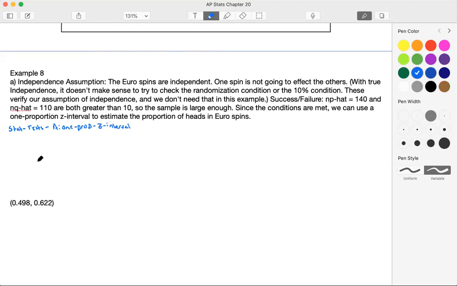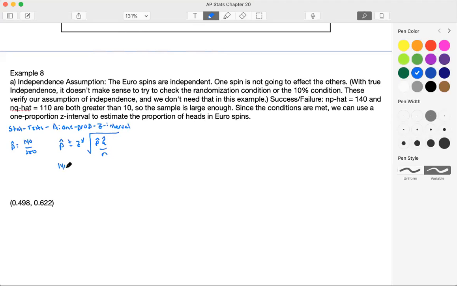Or if you were doing this by hand, you would need the following pieces of information. You would need to know that our p hat was 140 divided by 250. So then the formula is p hat plus or minus z star times the square root of p hat q hat over n.